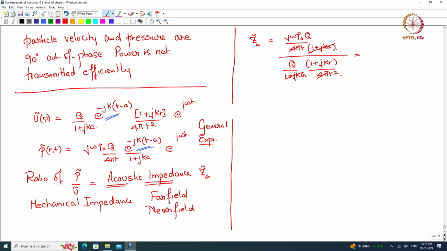So, I have an r in the numerator, q goes with q, I have j omega rho 0 r in the numerator divided by 1 plus j k r, and this I will divide by c, multiply by c, and this I will take as k. So, I have j rho 0 c k r by 1 plus j k r.